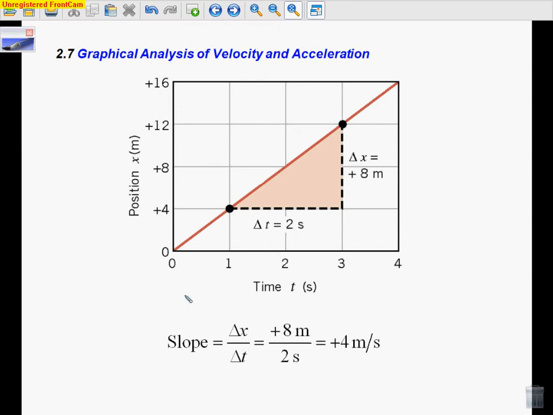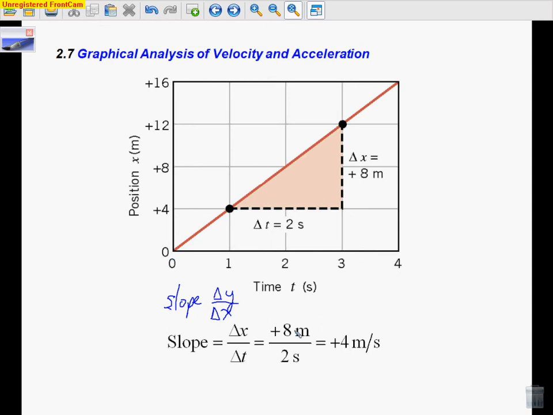That's a little bit confusing, because we know slope is delta y over delta x, the change in the y variable divided by the change in the x variable. It just so happens that on this graph, the symbol that we're using on the y-axis is x. So that's why we have change in x here, because that's what's on our y-axis.